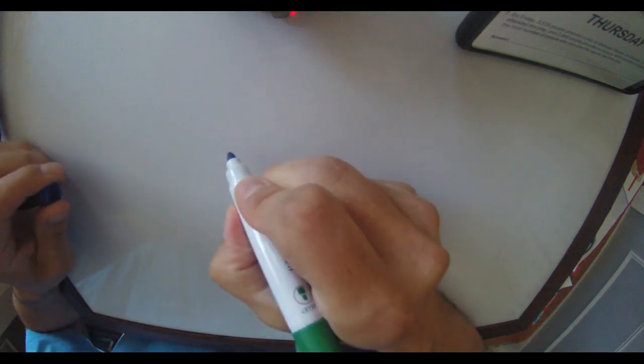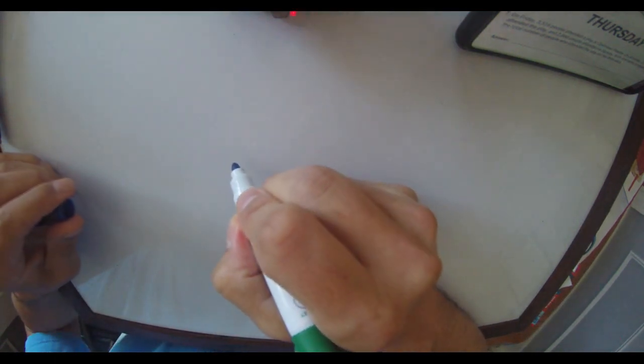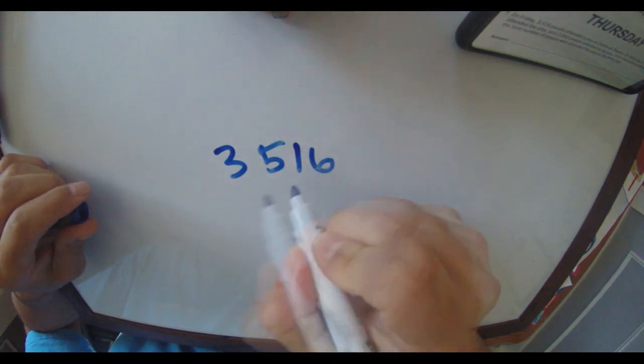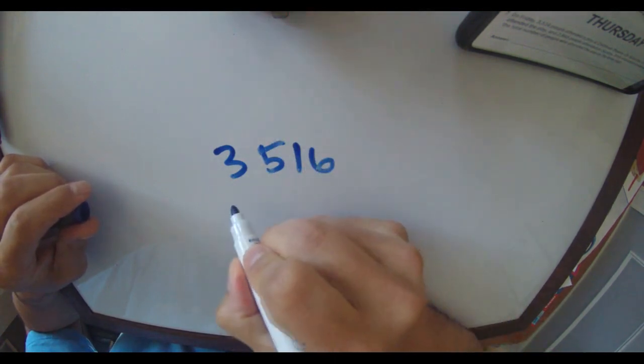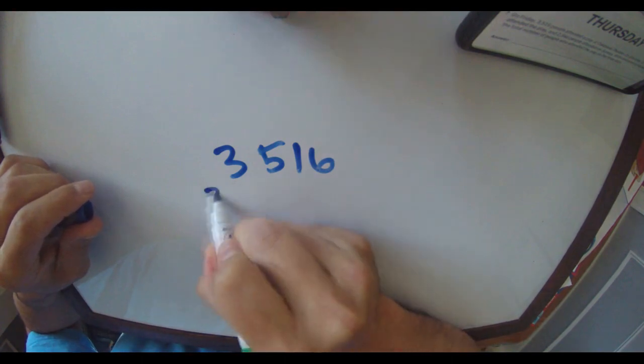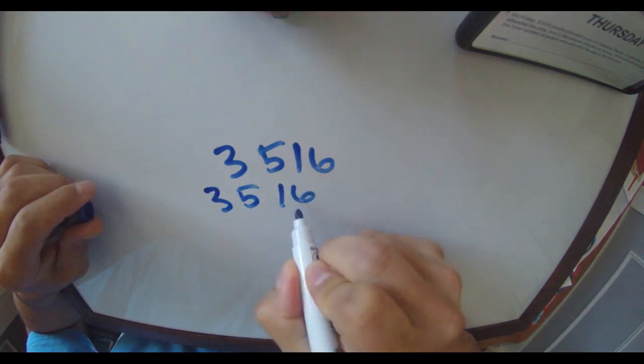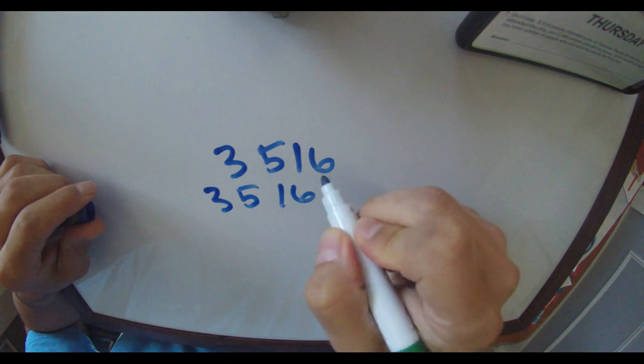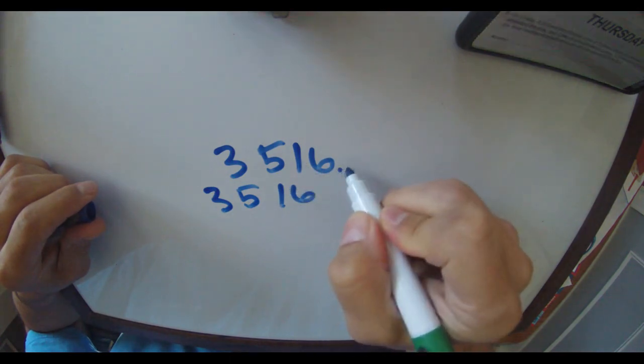We'll just do 2 numbers for the sake of this exercise. If I ever said 3, 5, 1, 6 plus, let's say another 4-digit number, and I wrote it shifted over, well, that doesn't make any sense because the decimal points have to line up.